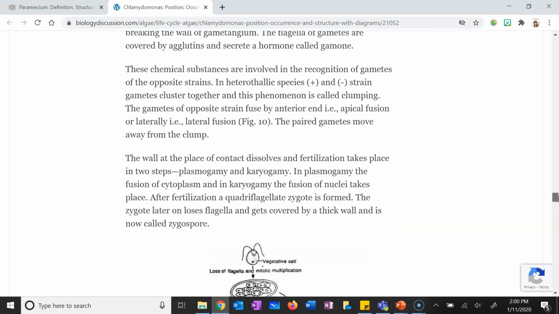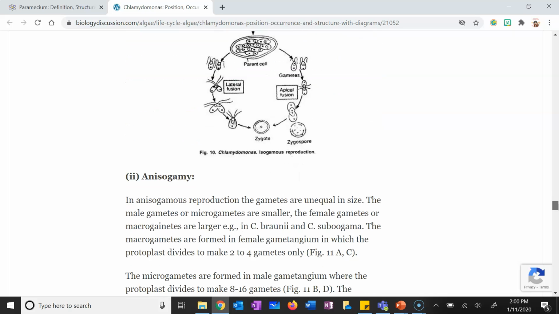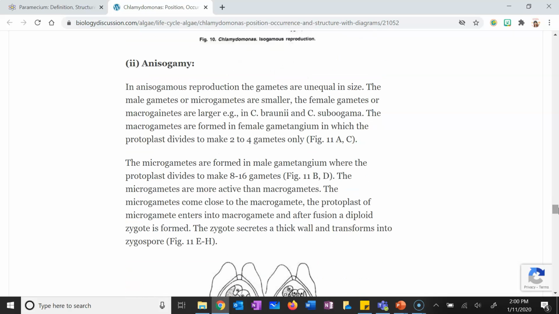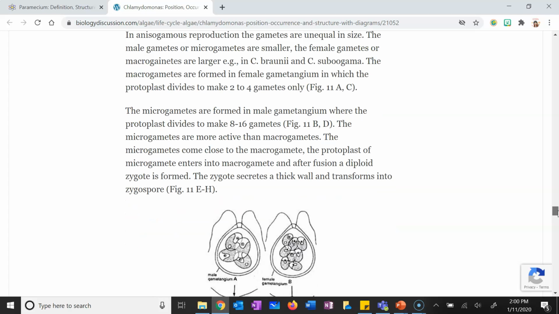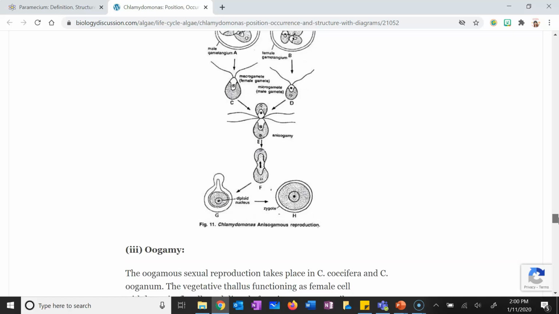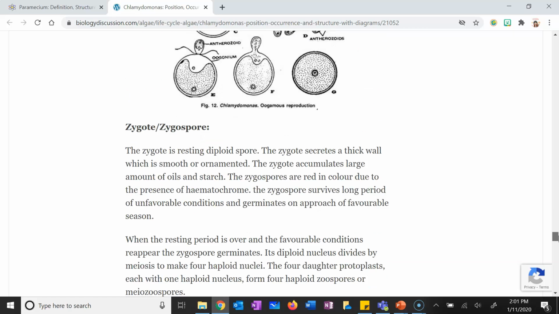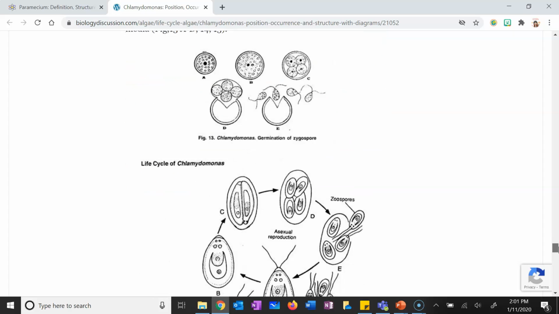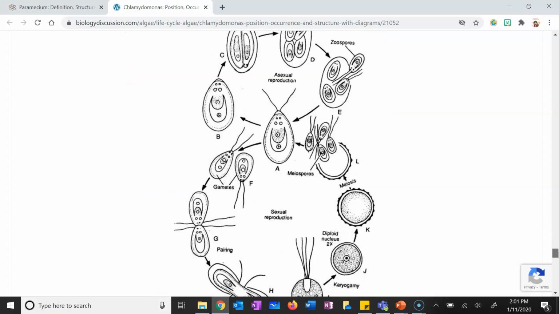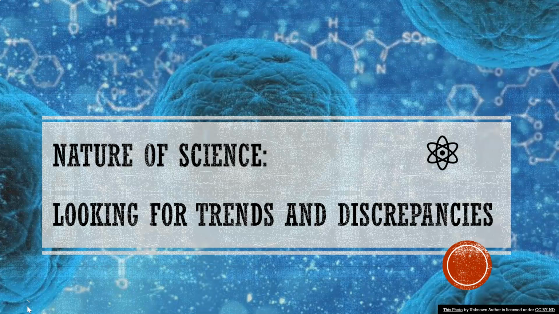You don't need to copy all of this word for word, it's just to get that brief understanding of what we're looking at, and to know where you can refer to for more information. Got their life cycle there.